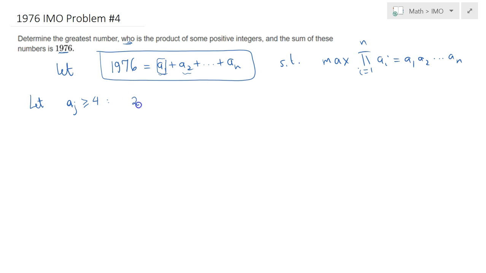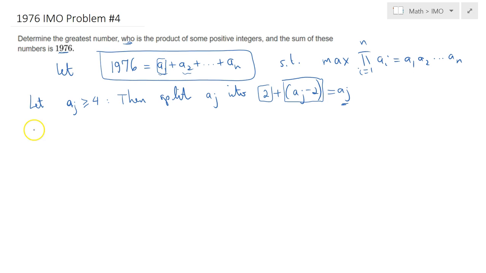Into the numbers 2, so let's write that down. Split a sub j into 2 plus a sub j minus 2. And this sum is obviously equal to a sub j. I claim that the new partition's product is greater than a sub j. So let's have a look at the product.